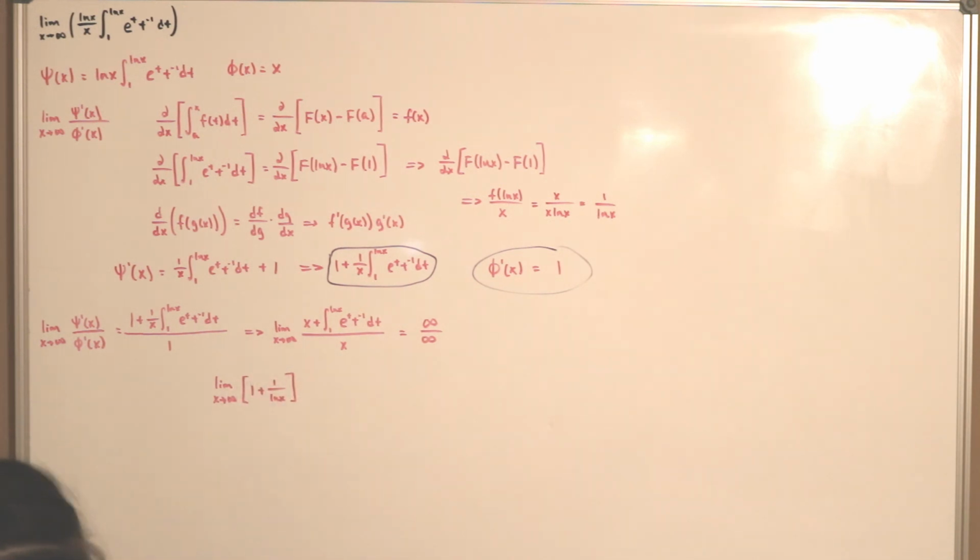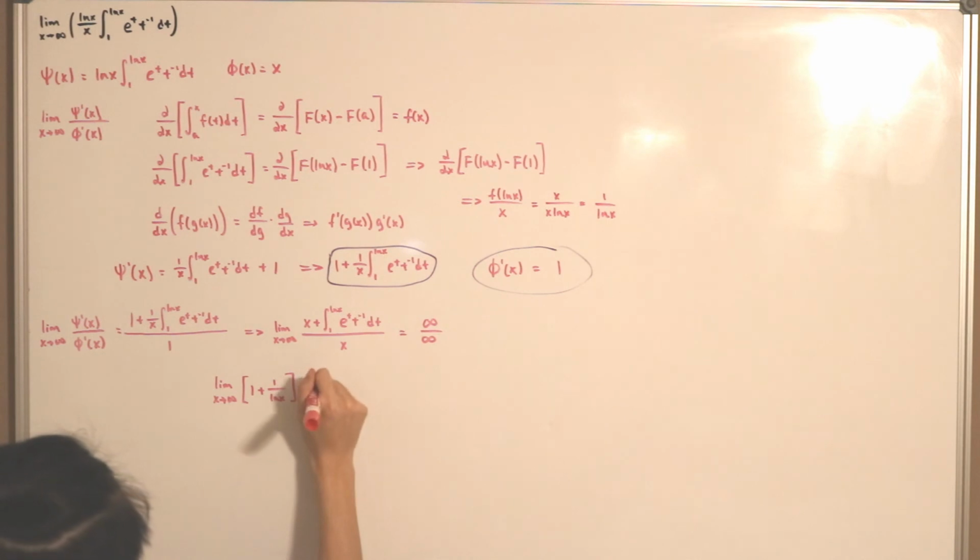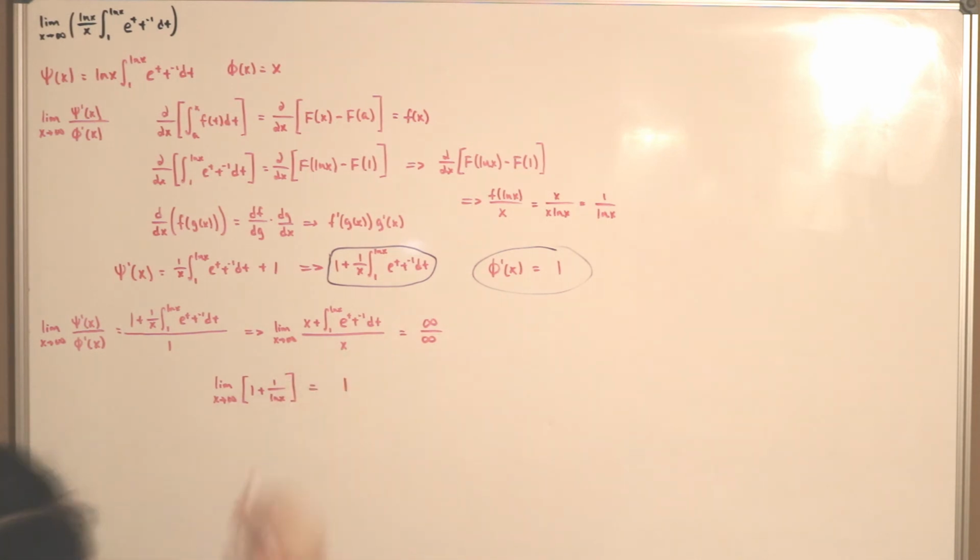Then take the limit as x approaches infinity. We get 1 plus 1 divided by infinity, which is 0. Therefore, it's 1.